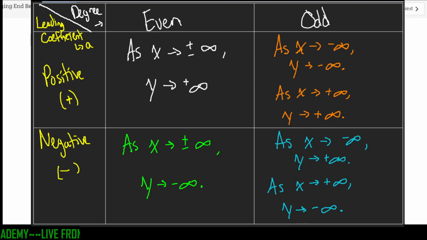So as we're looking at our table here, we know it's going to be odd for this one. So the leading coefficient has to be positive or it has to be negative. So now let's look back at our graph.